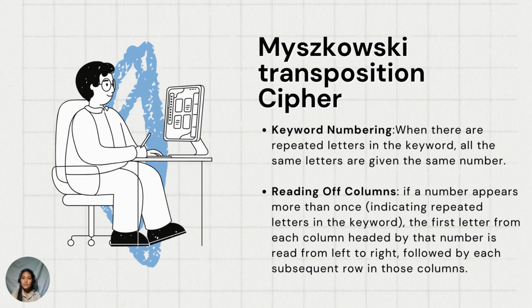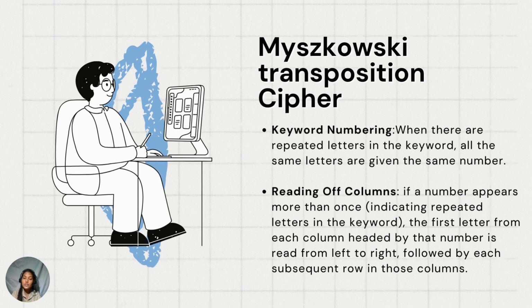The difference of the Myszkowski transposition cipher from the other columnar transposition ciphers is how they handle the repeated letters in the keyword. Both are types of transposition ciphers, which means they encrypt plaintext by rearranging the characters in a certain order. However, as mentioned, there is a key difference in how they handle repeated letters in the keyword.